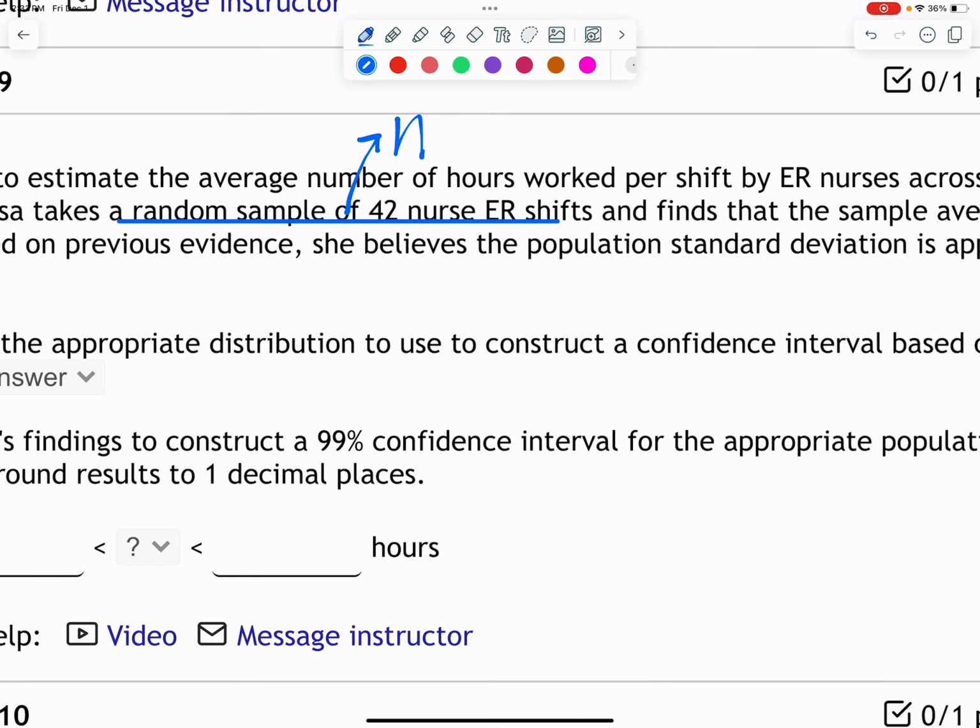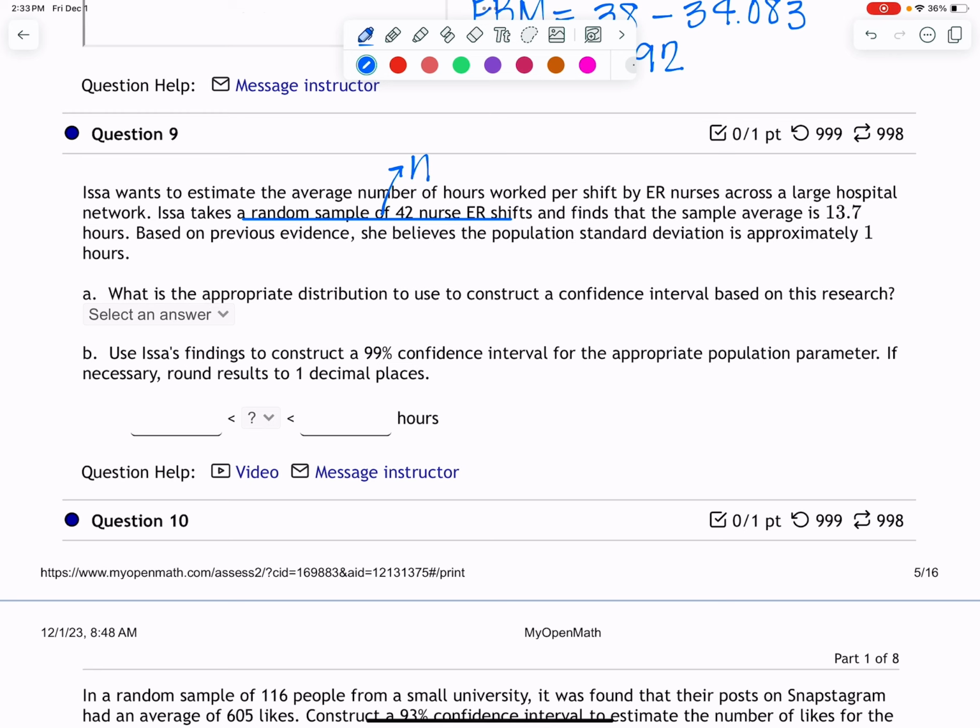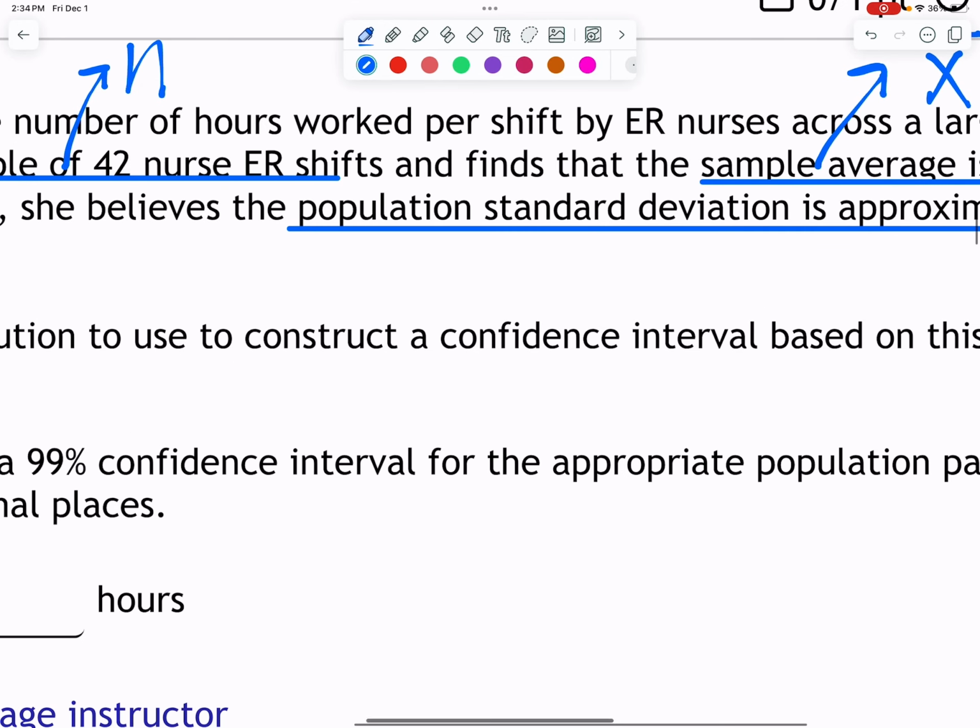That tells me my sample size. The sample average, so this is X bar. Based on previous evidence, she believes the population standard deviation is approximately 1. So they are screaming to you that sigma is equal to 1.